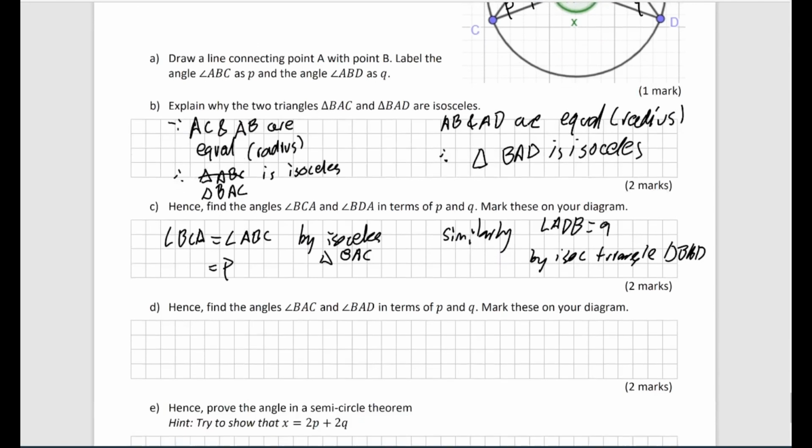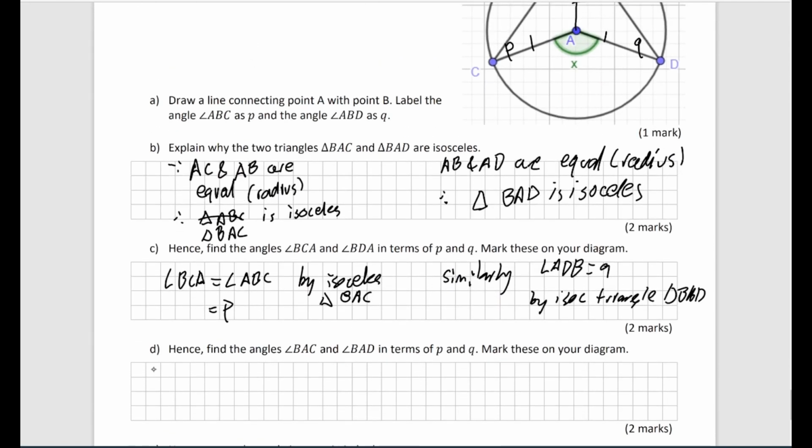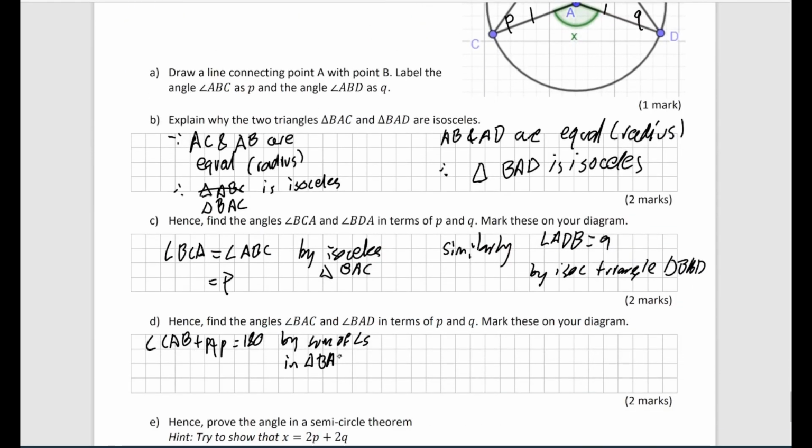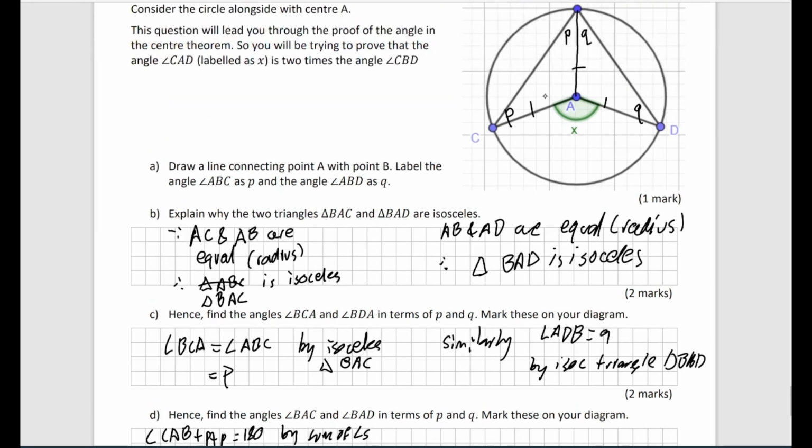So basically angle CAB plus 2P equals 180 degrees by sum of angles in triangle BAC. Therefore, angle CAB equals 180 take 2P. We'll mark that in.